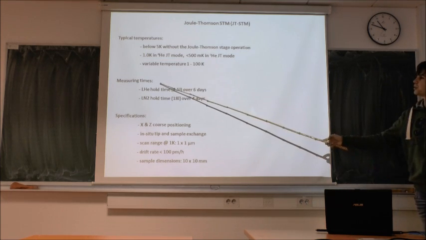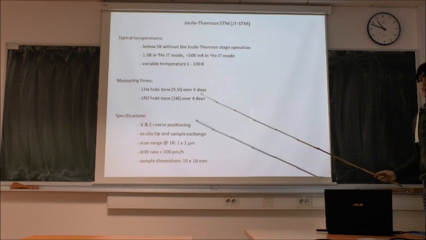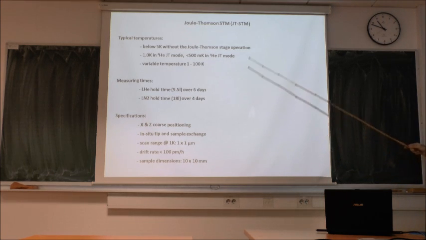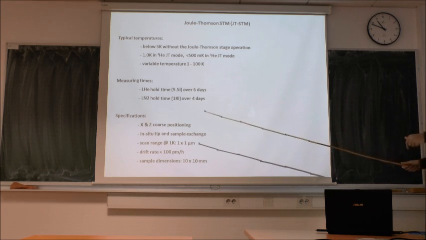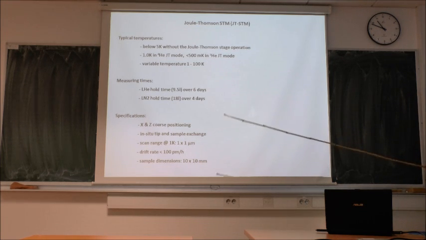This is an important parameter: the measuring time. As you've seen before, you use about 10 liters of liquid helium, and this helium will be good for about 6 days. After 6 days, you have to refill your cryostat. This means you have to break your experiment, retract the tip, lose your position on the sample, refill the cryostat, and then you can work again.